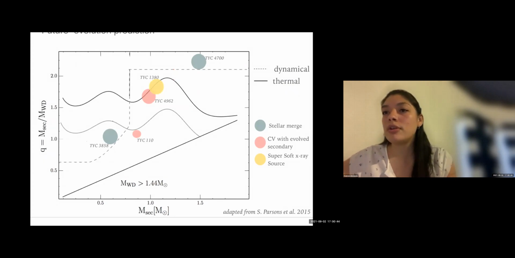But what's the difference in the companion star between that faster evolution and the CV evolution? Well, it's mainly because of the mass ratio of this binary. In this binary, the radius of the secondary star is mainly the same as a zero-age main sequence star. In the others, the radius is a bit larger.